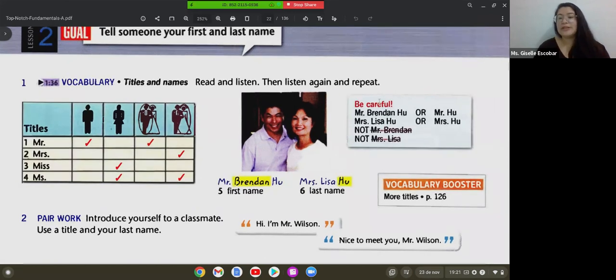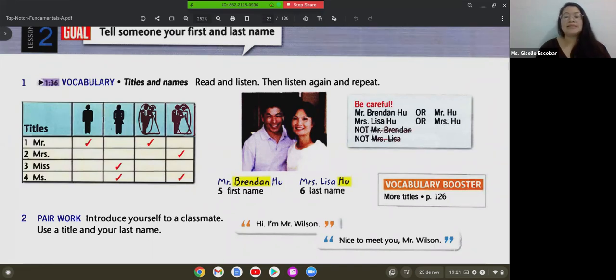So we have here this little box, cuadrito que dice, be careful, ten cuidado. Mr. Brendan Hugh, or Mr. Hugh. Mrs. Lisa Hugh, or Mrs. Hugh.